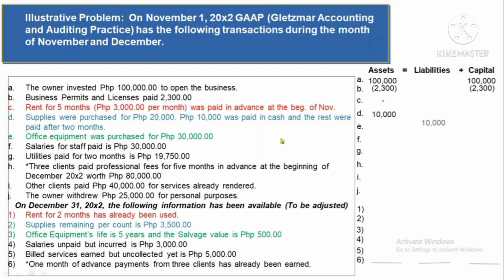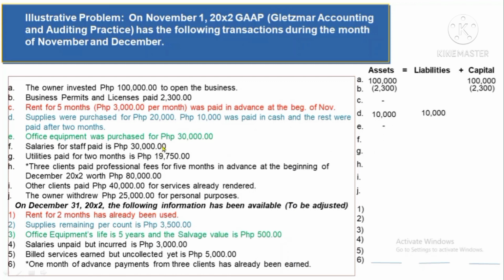And of course, 10,000 of liabilities will emerge because of the transaction. In letter E, office equipment was purchased for 30,000. There is no effect on the total assets because even if we have received a new equipment, we lost cash also. So there is no effect. We are in effect just exchanging an asset for another asset.